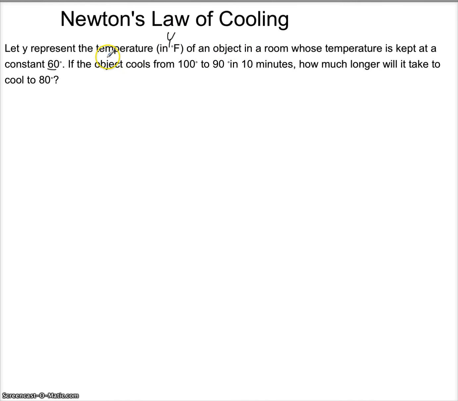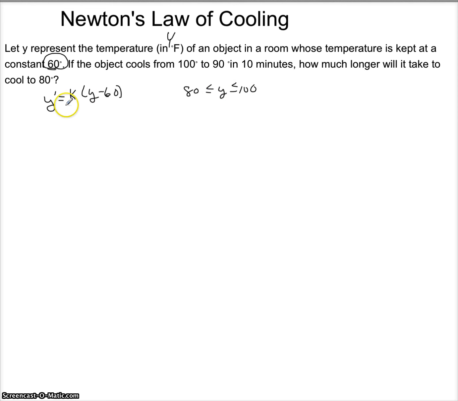Well, you remember from Newton's law of cooling, the rate of change is proportional to the difference between y and this constant temperature. So I know y prime is going to equal some constant times y minus 60. It's proportional to the difference between y and 60, and this is only between 80 and 100.